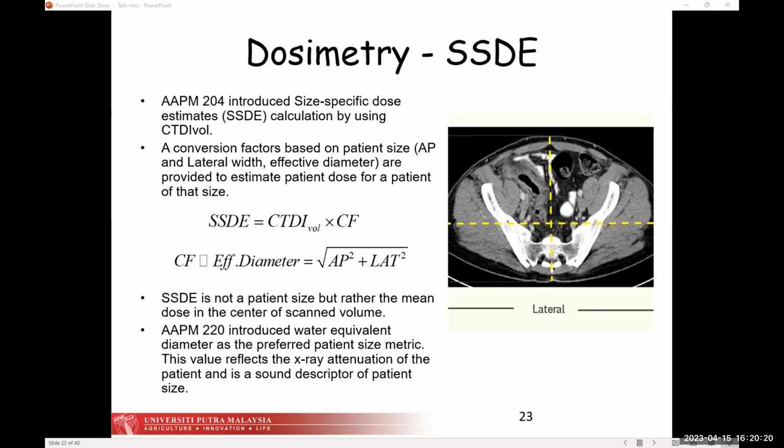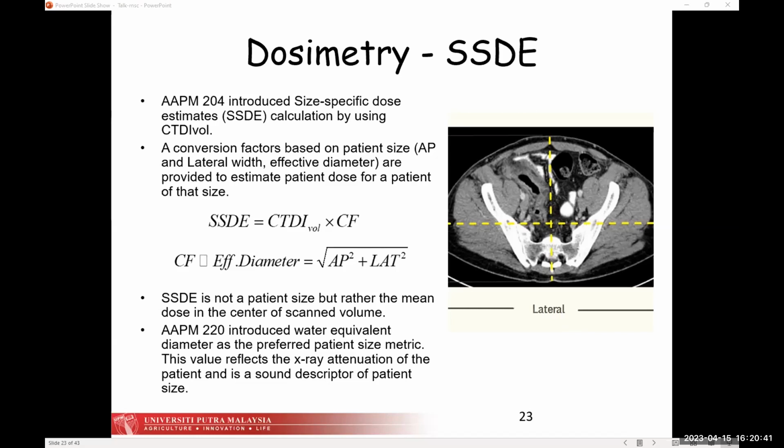We could calculate the effective diameter by taking the length of anterior posterior squared plus the length of lateral squared, and then the square root of those calculations.